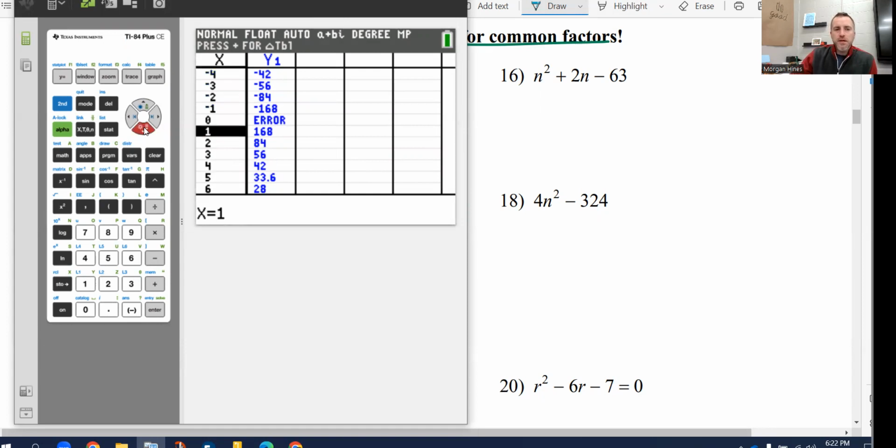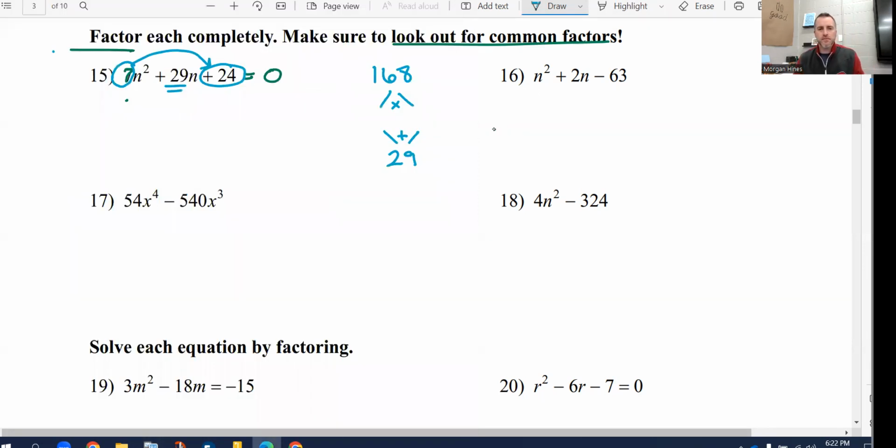So we just have to go through our list until we find a row that adds up to 29. It's like a game of warmer and colder. You see we're getting warmer, so it's 46. 5 is not a factor of 168. 6 times 28, closer, that's 34. And now we've got 31. Bam, 8 times 21. So 8 times 21 does equal 168, but 8 plus 21 does also equal 29.